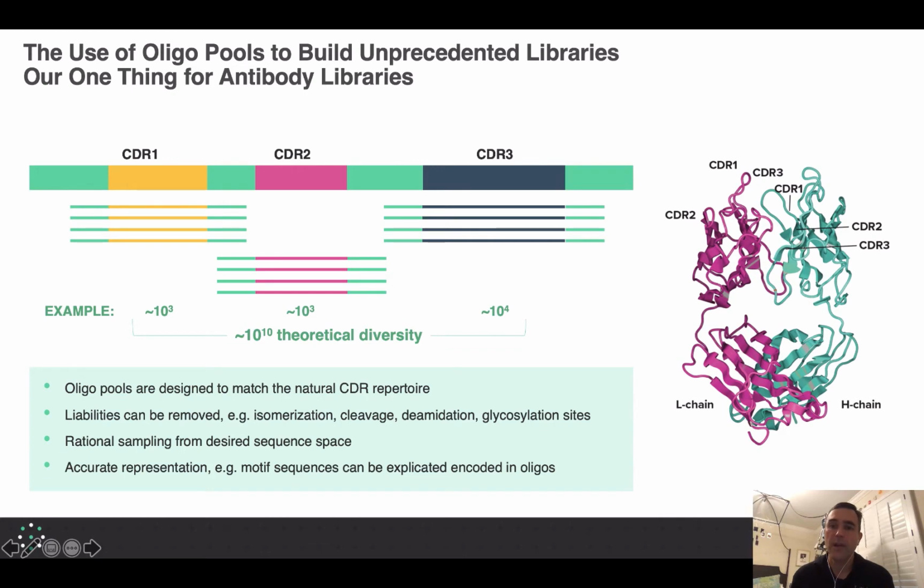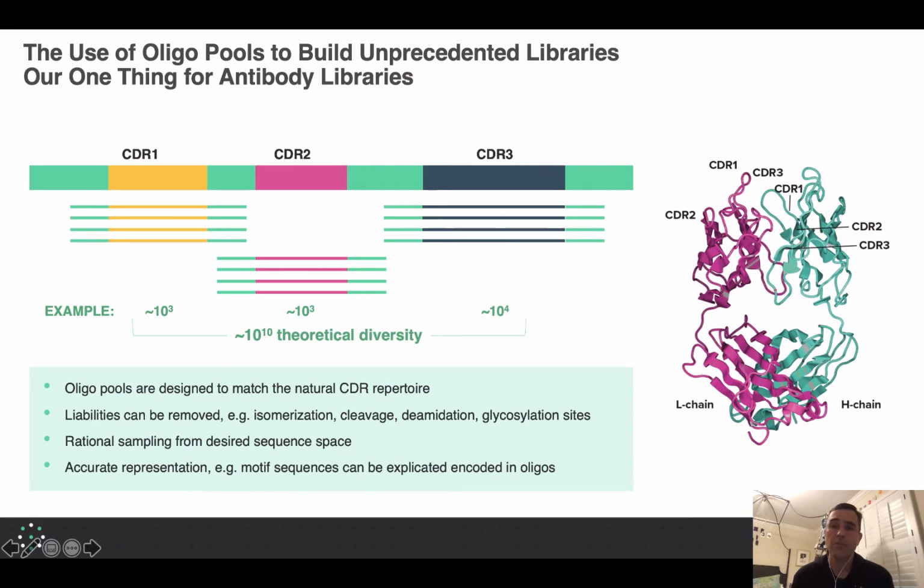So here, I can actually code for exact sequences of CDRs seen in nature, put them in an oligo pool, and then just shuffle them together in the context of a single human germline framework to create a hypervariable human antibody domain. So this allows me at the end of the day to create an antibody domain library that is almost exactly indistinguishable from anything that might come out of a human being.